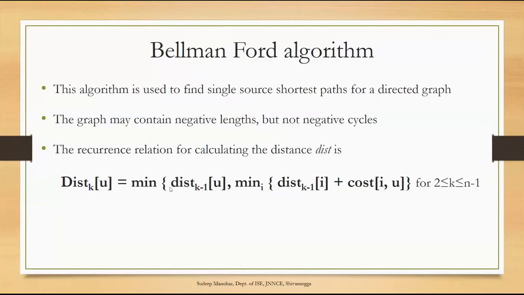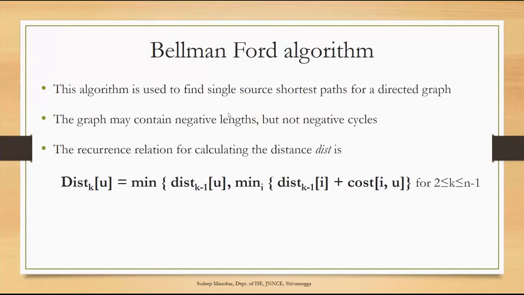In the previous step means before reaching that vertex, what is the distance of the previous vertex? And then the minimum over the vertices that are adjacent. I will explain this with the example, and while looking at the example, you can come to know how we can solve this.